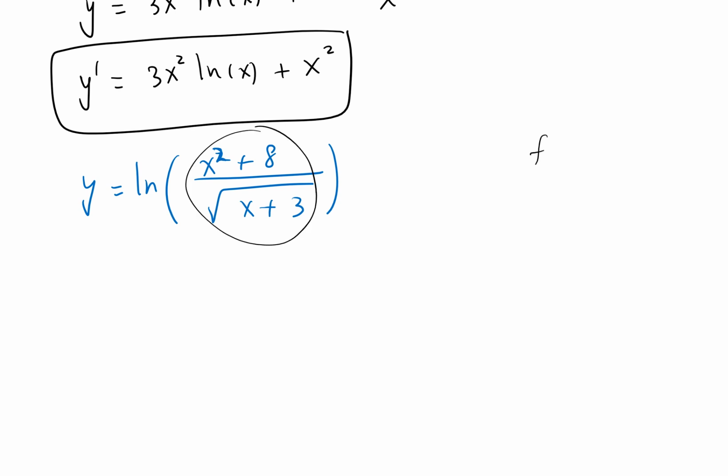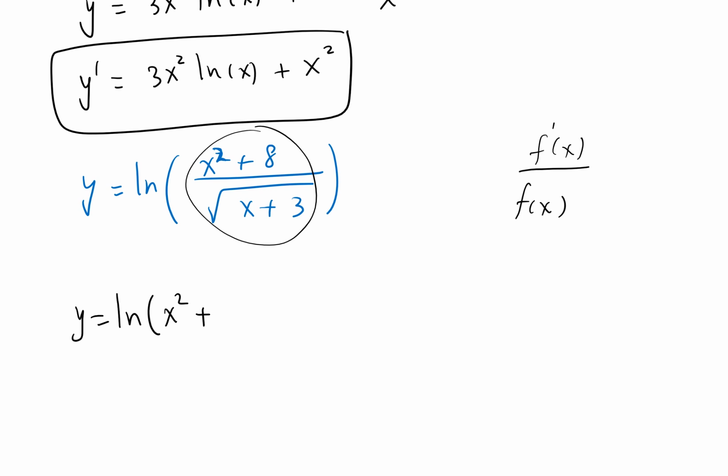You're going to need to do f prime of x over itself. That will be a lot of work, because you need to do quotient rule and you will have complex fractions and radicals. But guess what? We can make this much easier than how it looks by using algebra, meaning the properties of natural log.